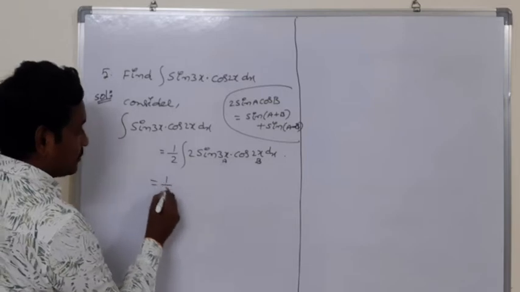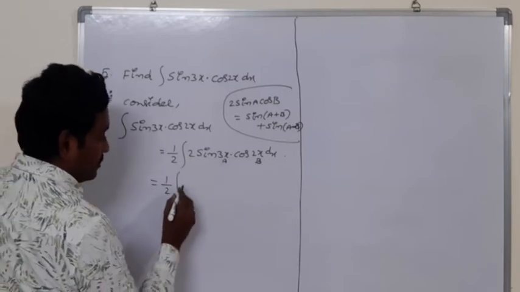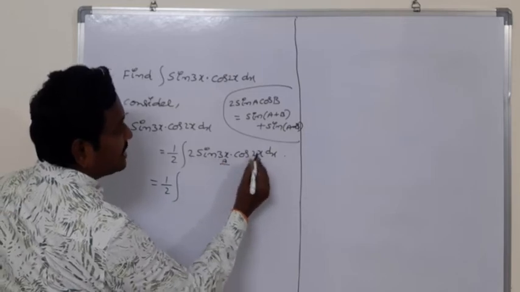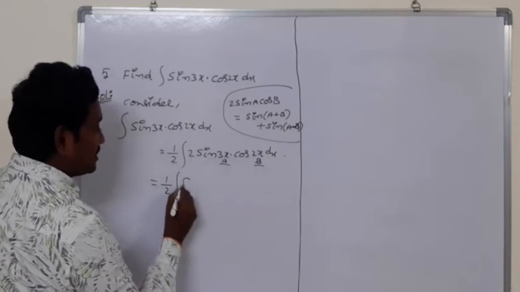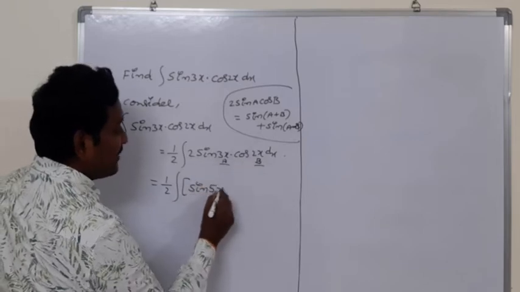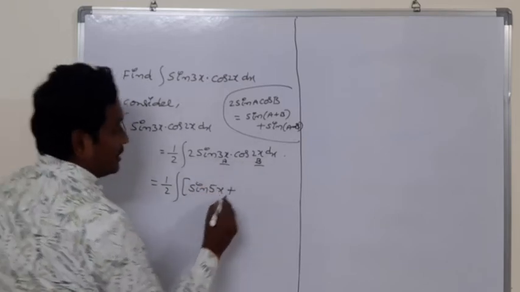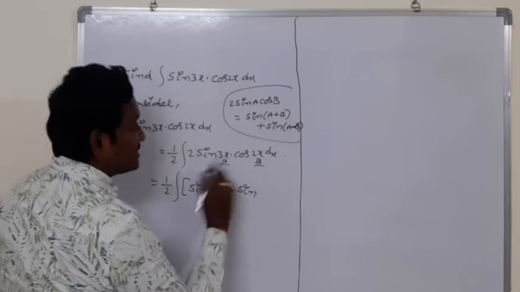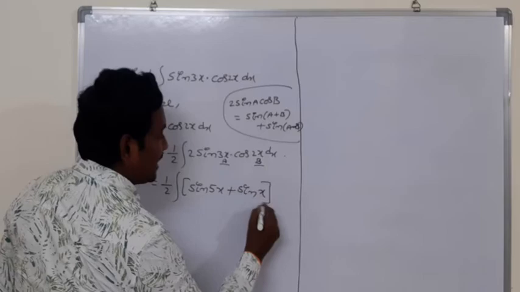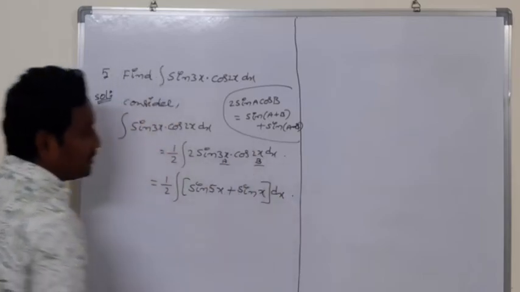So half into integration of sin of a plus b. A is nothing but 3x, b is nothing but 2x. So first term is sin of 3x plus 2x, which is 5x, plus, now this time subtract the terms, 3x minus 2x, so simply it is x, whole into dx.